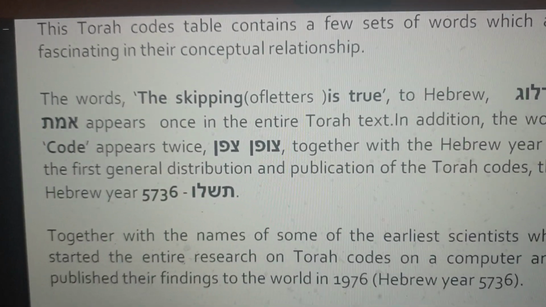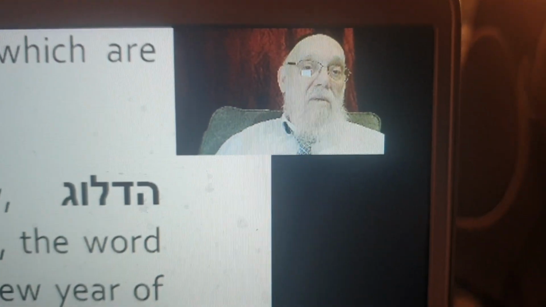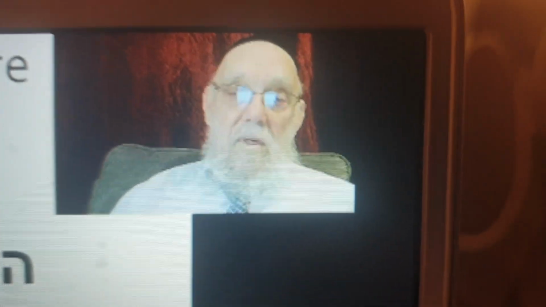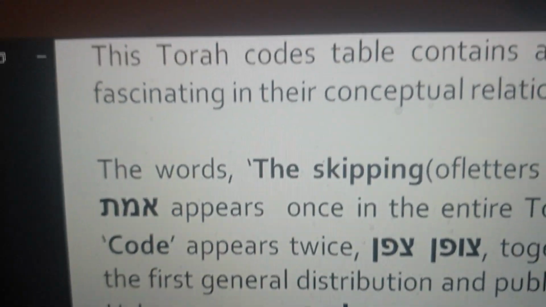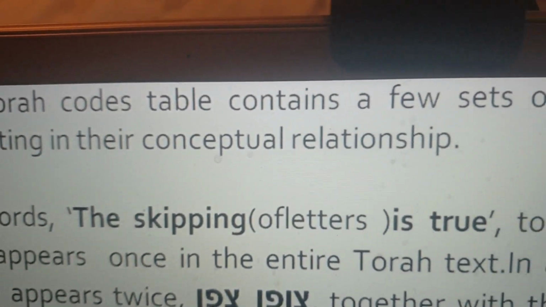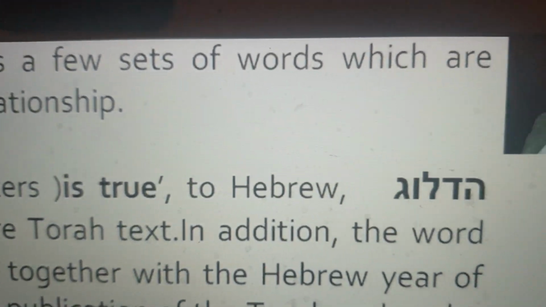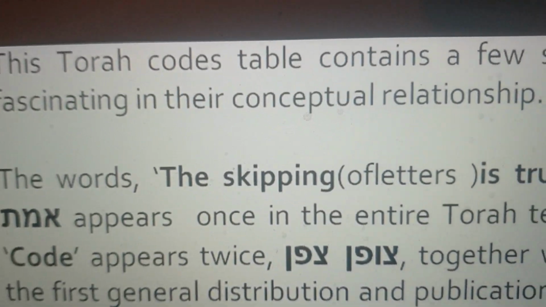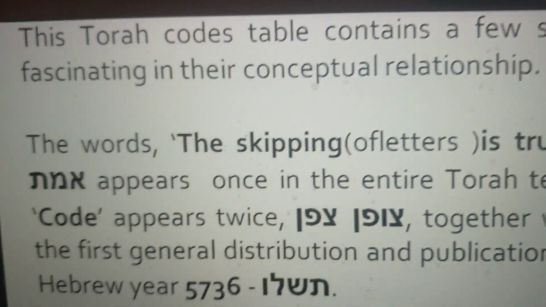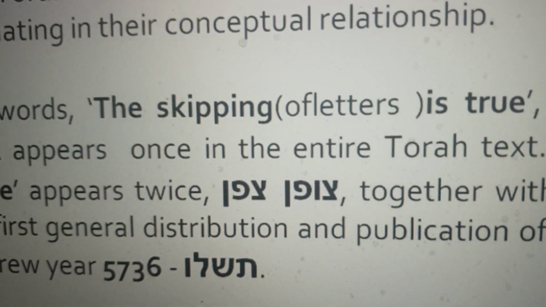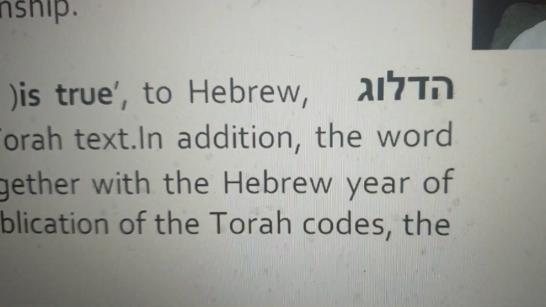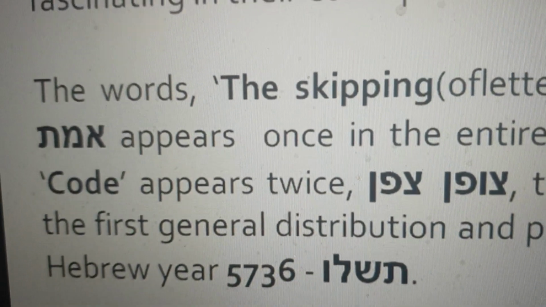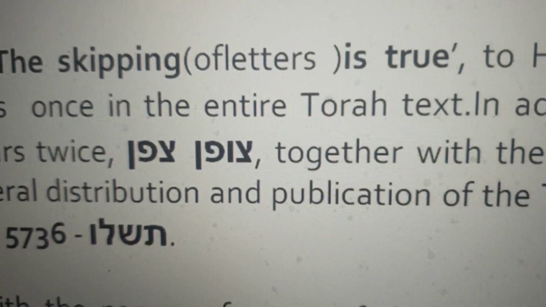So here about the code, what we saw about the Bible code, Kim also gives a very nice explanation. This Torah code table contains a few sets of words which are fascinating in their conceptual relationship. The skipping of letters is true to Hebrew, appears once in the entire Torah text.